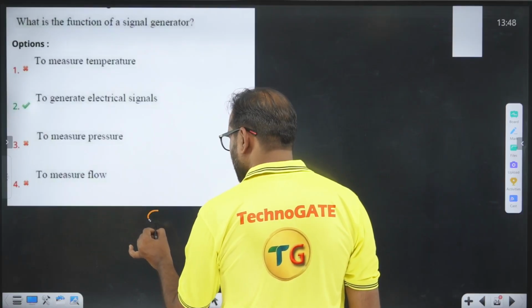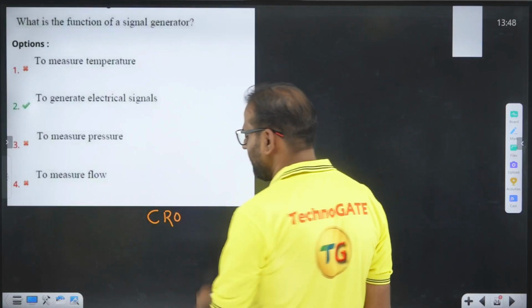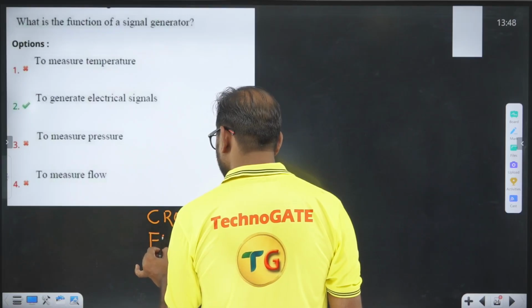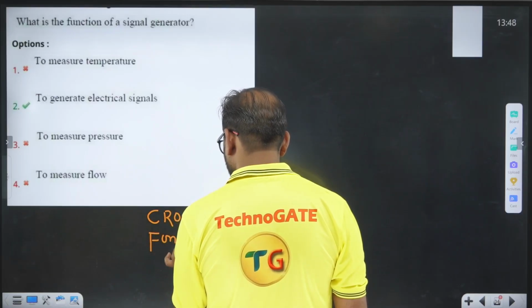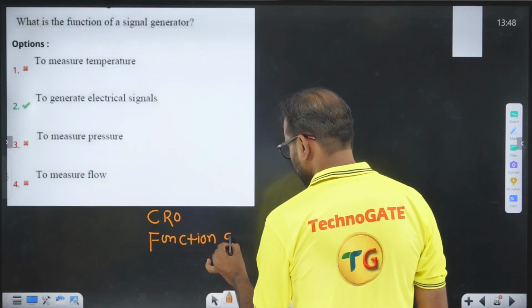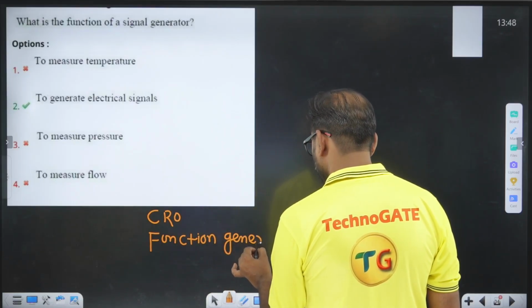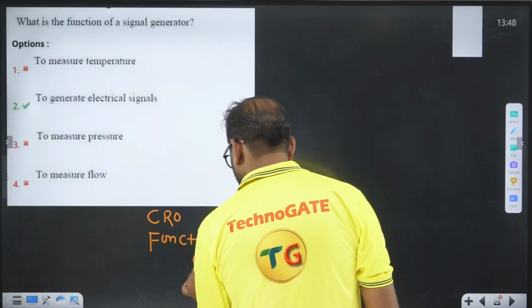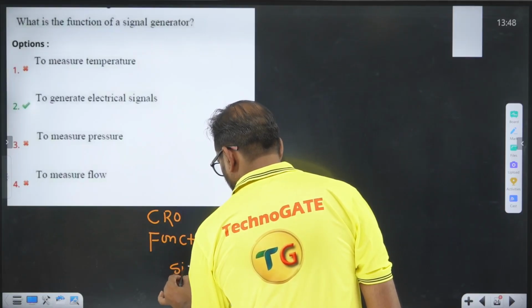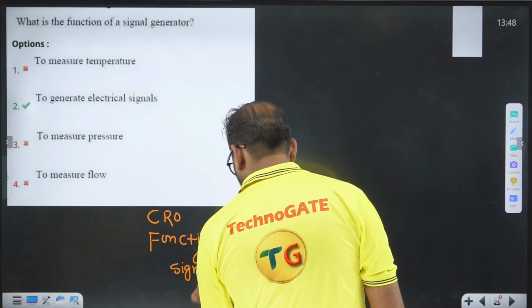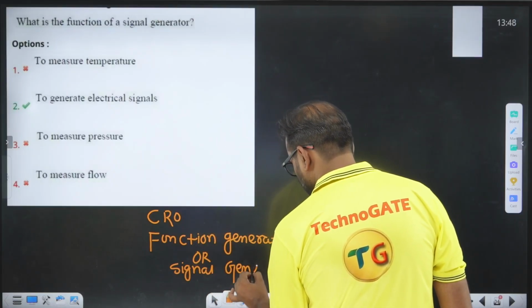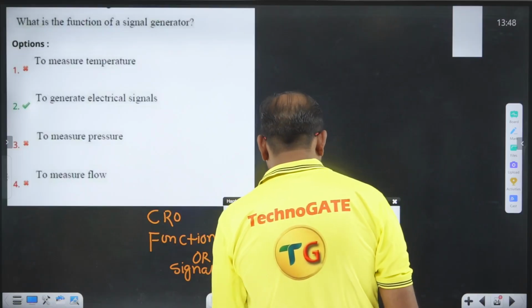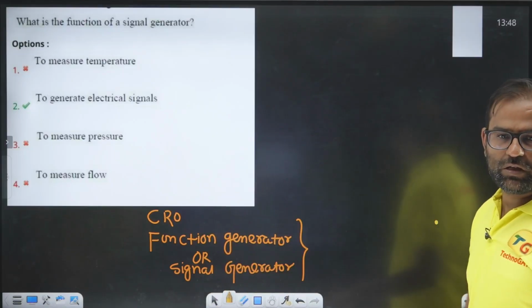For the signal generator, there are 2 types of instrument available in the laboratory. The first one is the CRO and the second one is known as the function generator, or also known as signal generator.